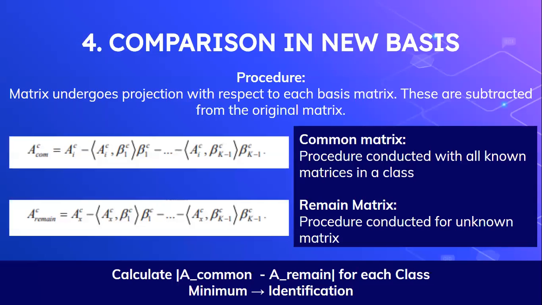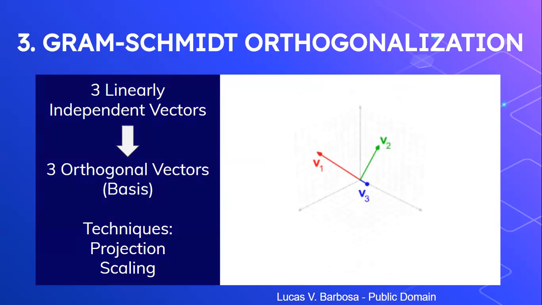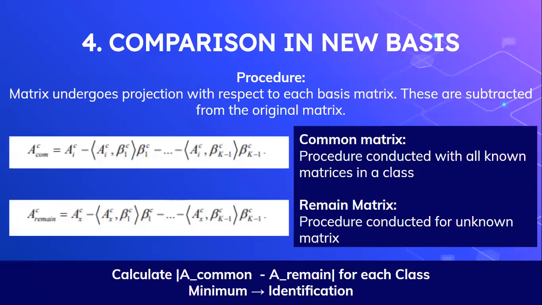And so it's done this orthogonal Gram-Schmidt method with each of the reference images. And so each reference image has its own unique basis. And then you're going to be comparing the unknown image in each of these bases. And that's how you're going to get the common matrix and the remain matrix.